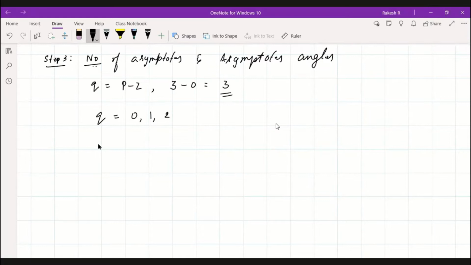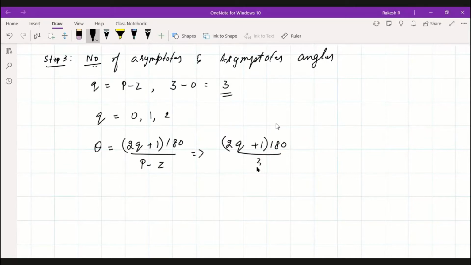So to find the asymptote angle, theta is given by (2q plus 1) into 180 divided by (p minus z). This is the formula we have. So I can write it as (2q plus 1) into 180 divided by p minus z, which is 3 here.